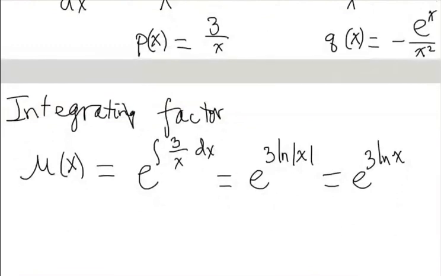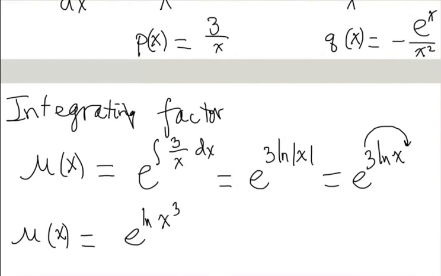And we need to simplify the integrating factor. We did this before. Using the property of logarithm, we need to bring the exponent in. We have e to the log of x cubed. And now we can cancel e and log to get x cubed. This is the integrating factor.